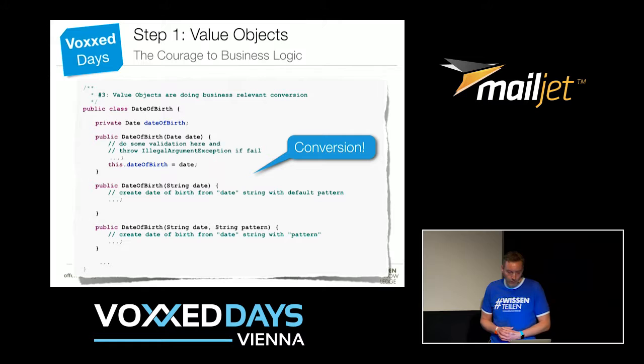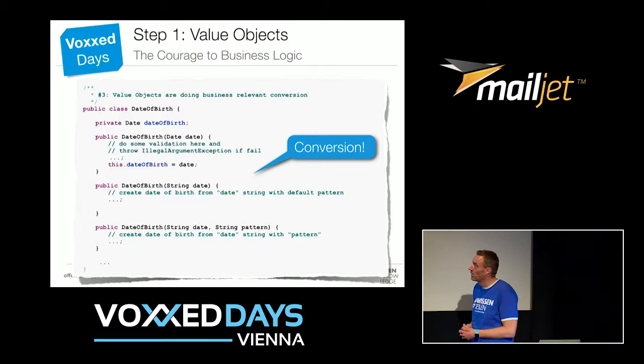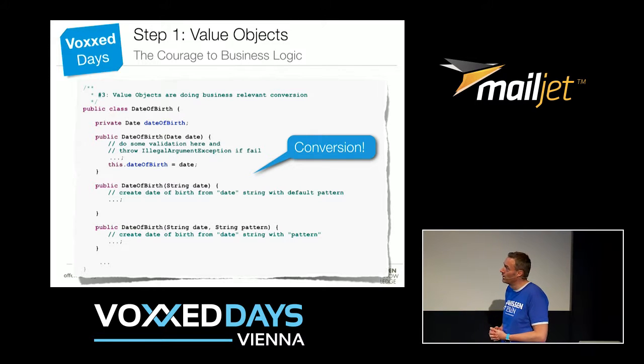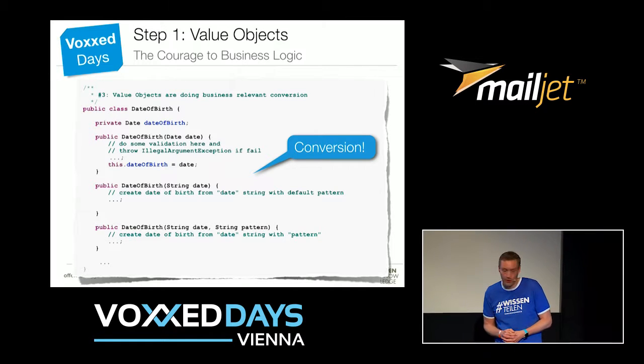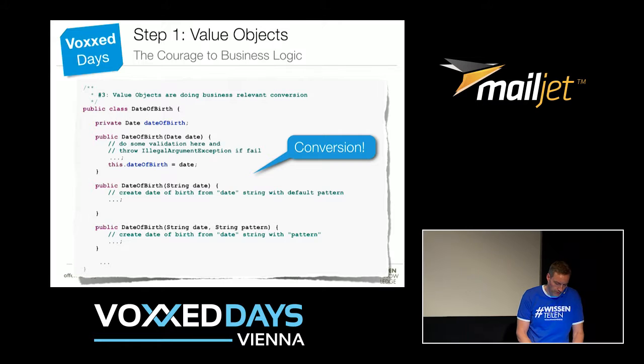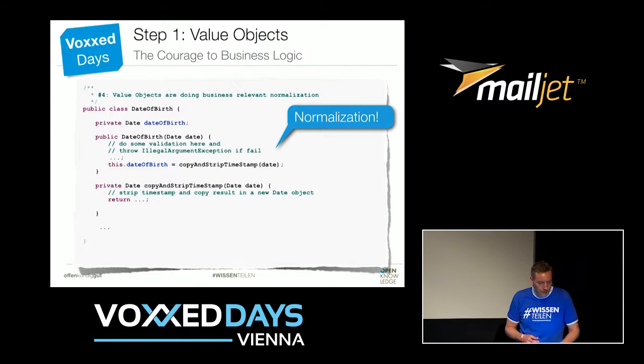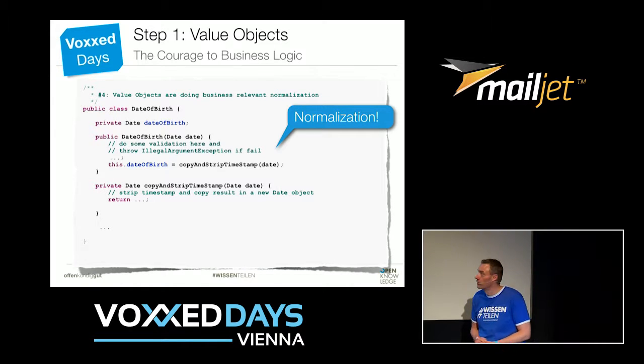If we need something like parsing a string to create this date, we can put it inside this date of birth object. So the conversion is also part of it. If we need something like normalization, for example, we do not need the milliseconds when I was born, but we only need the real date, I can also put it inside the date of birth.